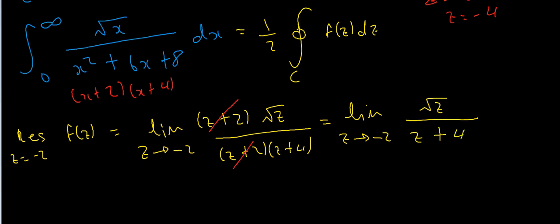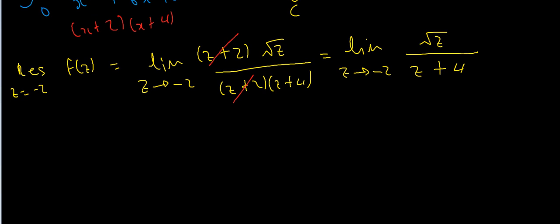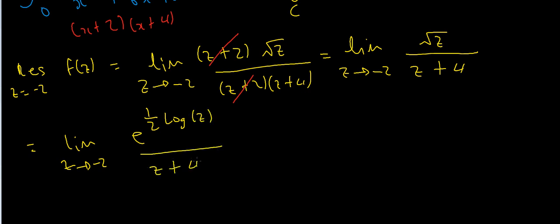Now I'm again going to use my definition of the square root of z, and that's going to be the limit as z approaches minus 2 of e to the 1/2 complex logarithm of z, all divided by z plus 4. And I'm now just going to substitute z equals minus 2 into this function. What do I get?